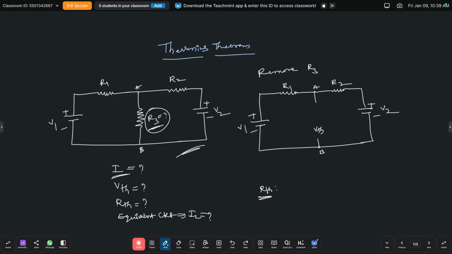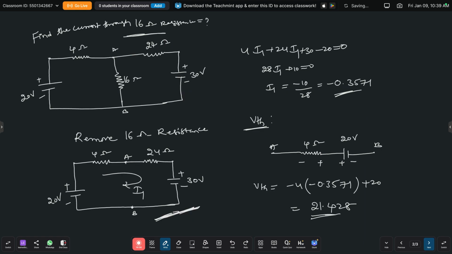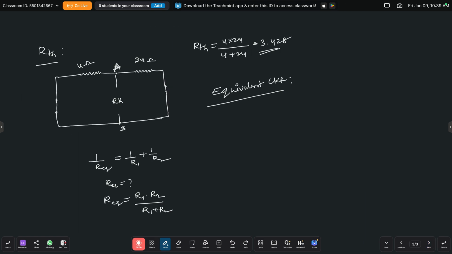So here the circuit consisting of any number of voltage sources or resistances is replaced by a single voltage source in series with a single resistance and connected across the load. This is the equivalent circuit of Thevenin's theorem.